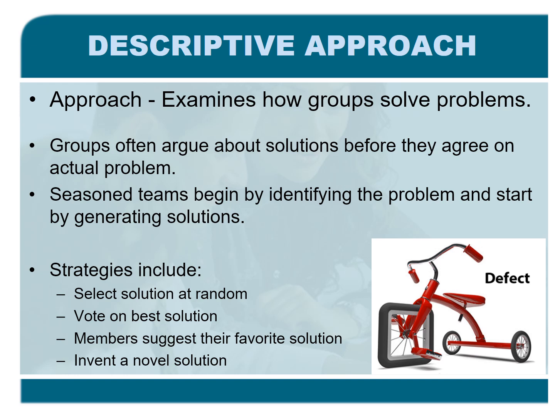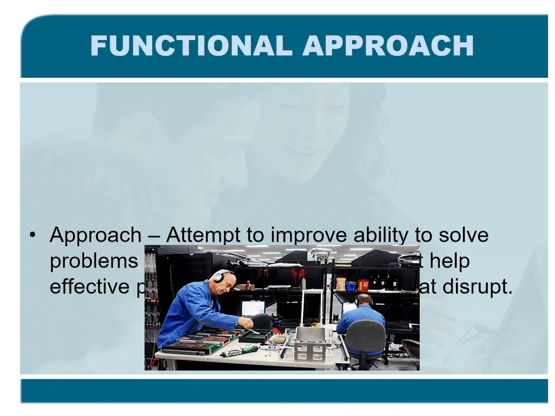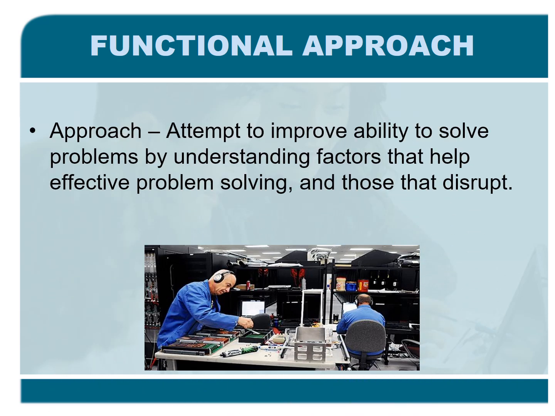Strategies include selecting a solution at random, voting on the best solution, members suggesting their favorite solution, or inventing a new and novel solution. The functional approach is an attempt to improve the ability to solve problems by understanding factors that help effective problem solving and those that disrupt it.